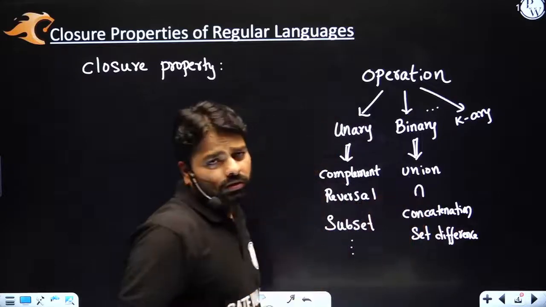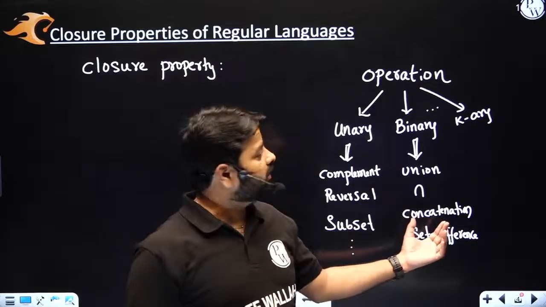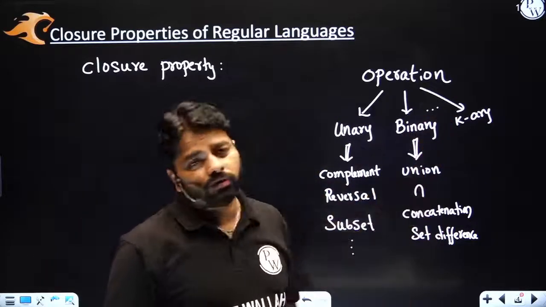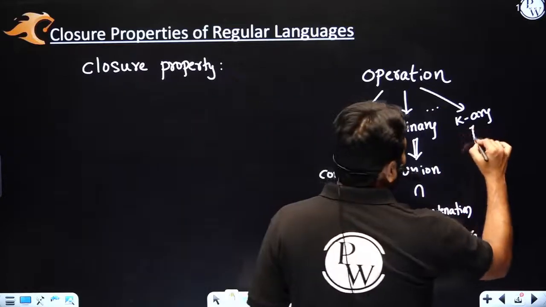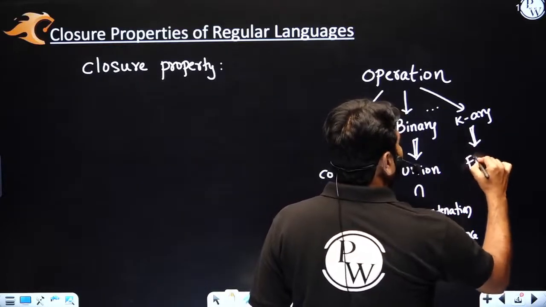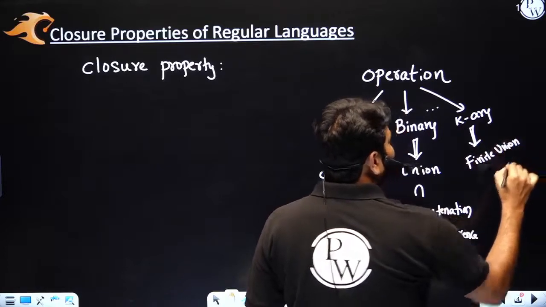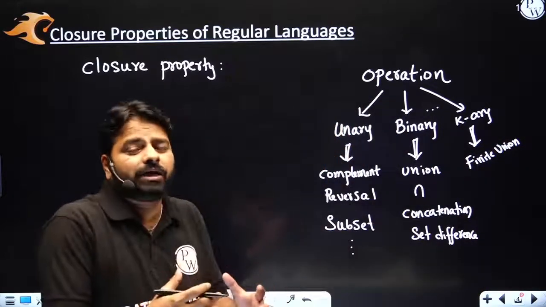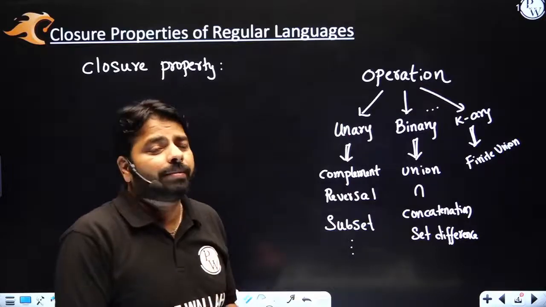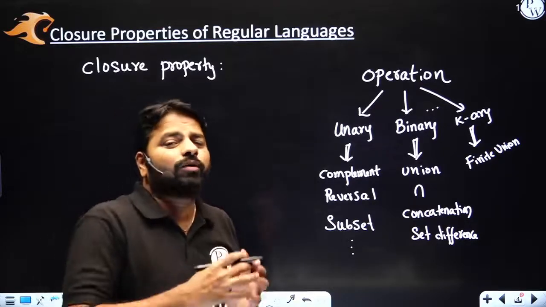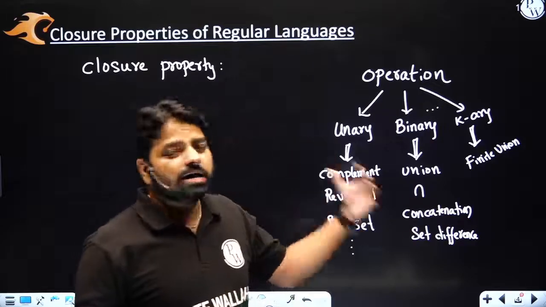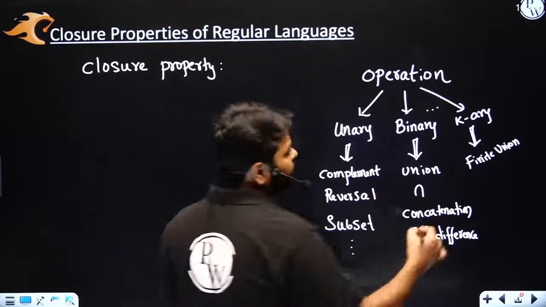When it comes to many operands, more than two, then we will go for k-ary. Like you may have finite union. That union you will apply multiple times. That means you will have many operands, many languages, but when finite union is applied, you will have k inputs to the operation.